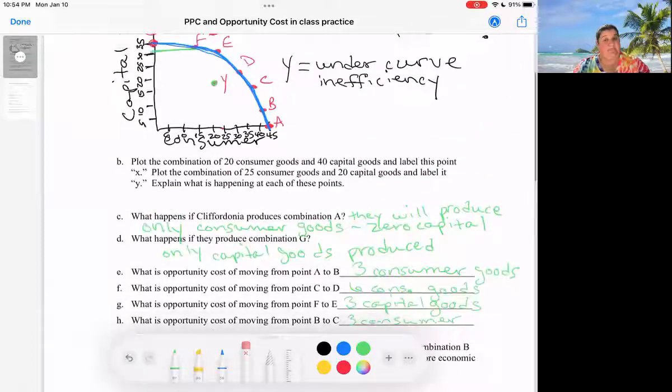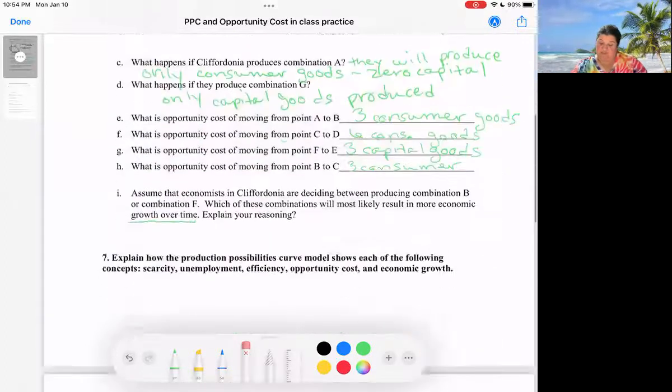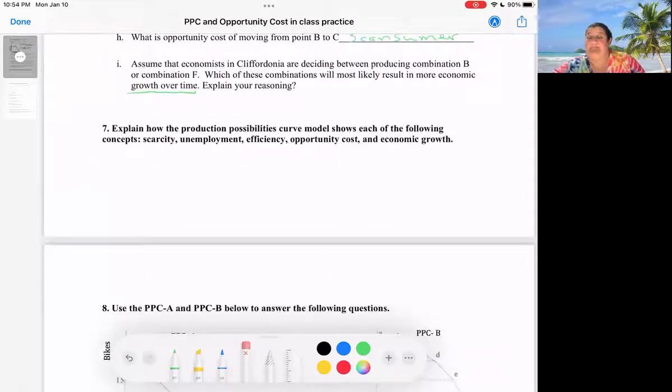Economic growth. We just talked about that. If they're making more capital goods, the potential for economic growth exists. And if we saw a shift in the curve, which, newsflash, you guys haven't talked about shifts in the PPC yet, we're going to do that tomorrow, so don't stress about it too much. Okay, everybody good on those ones?